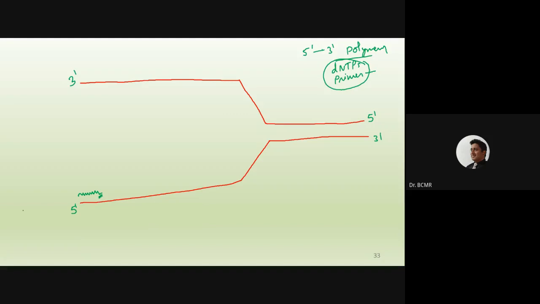DNA polymerase will come and start polymerizing. Is that right? That is wrong. Why is that? The complementary strand, the primer, would have been 5' to 3' like that.